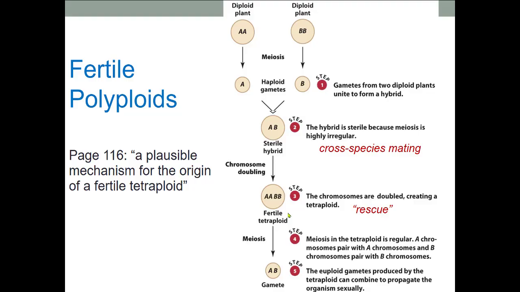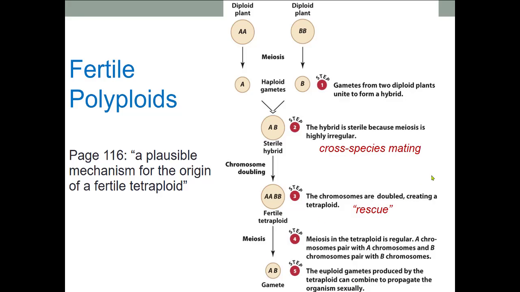And so in this case, this is what we call a rescue step, and then this thing could go through normal meiosis or mitosis and so forth. The gametes from this organism would have 1 copy of the A genome and 1 copy of the B genome, such that when those 2 gametes came back together, we'd have 2 copies each, AABB.